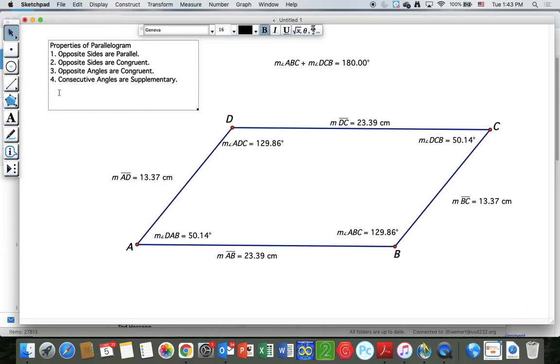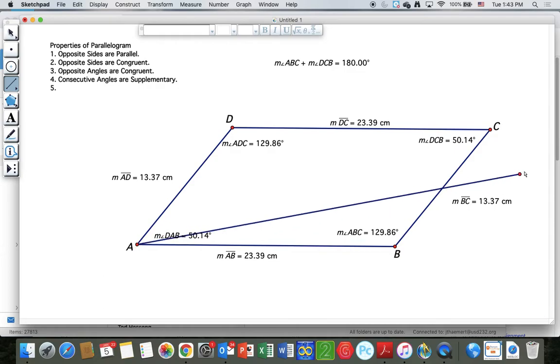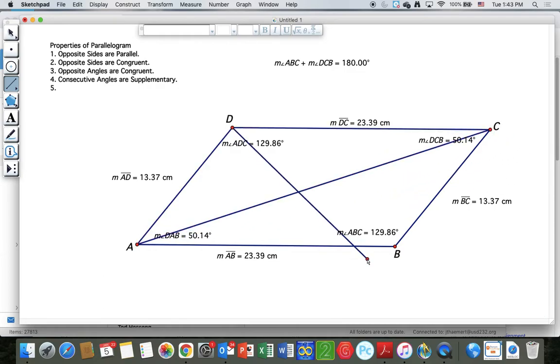Now there's one last one, because I told you there were 5, and that has to do with diagonals. So if I draw in the diagonals, you can tell that those diagonals are not the same length. Look at them. AC is clearly longer than DB, so they must not be equal. However, if I put a point right there, you see that?